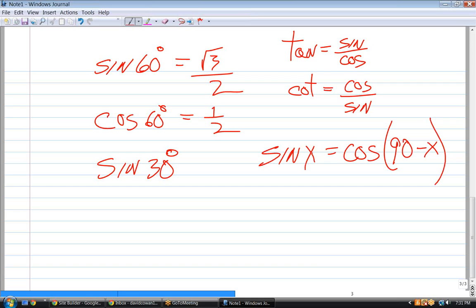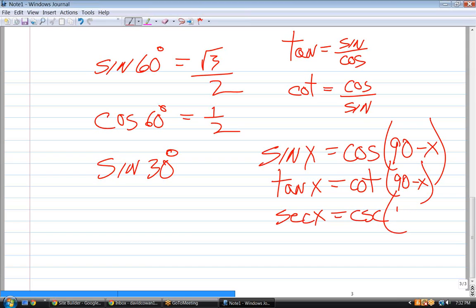Notice that the sine of 30 is the same as the cosine of 60, always. And these cofunction relationships, same with tan, and they work in reverse also. In other words, the cosine of x is also the sine of 90 minus x, and secant and cosecant.